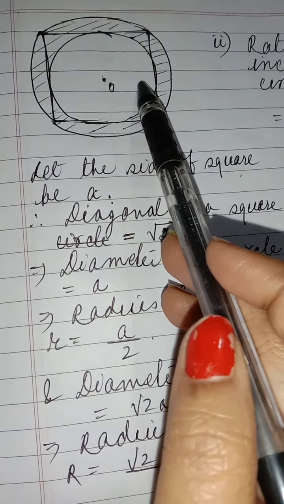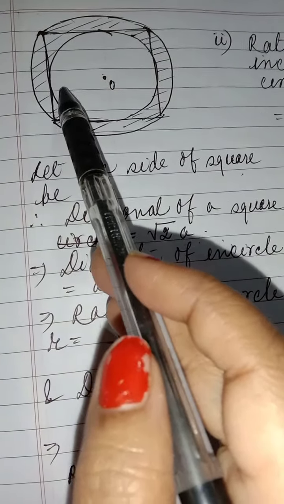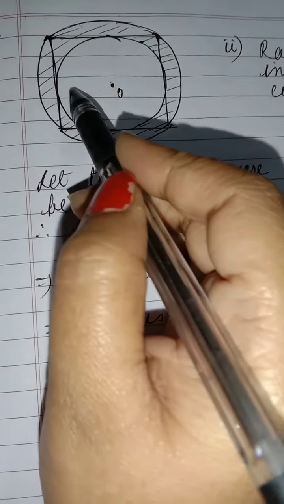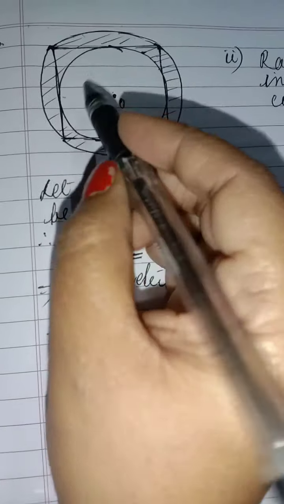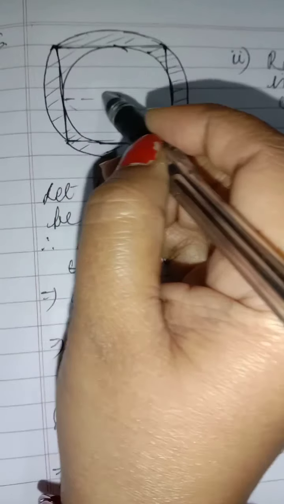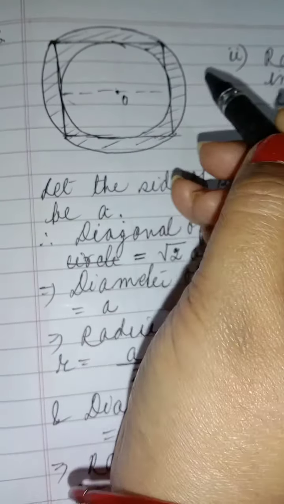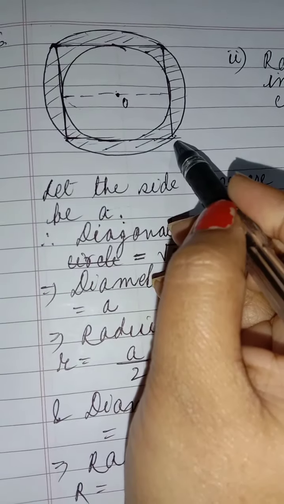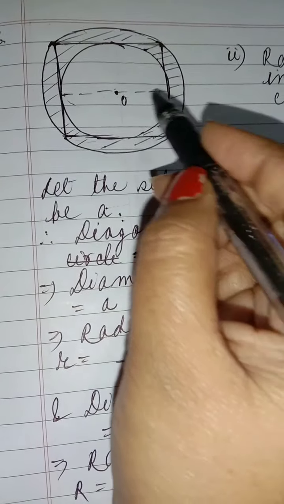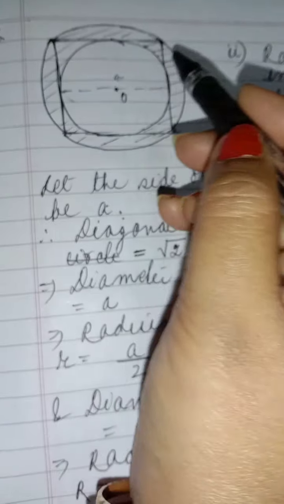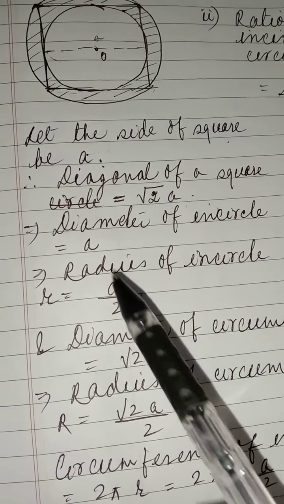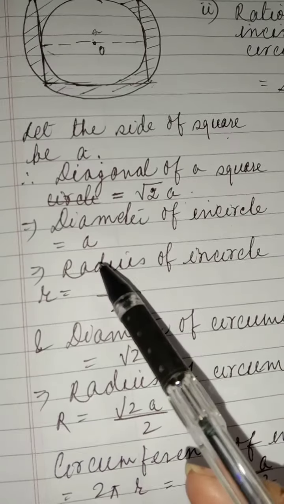The diameter of the incircle is the same as the side of the square. So if the side of the square we have taken as a, this should also be a.